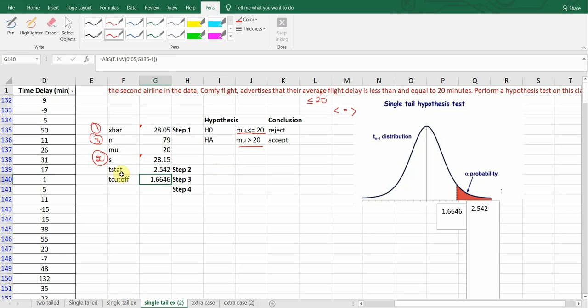After calculation of t-stat, you need to calculate your t cutoff value. T cutoff value is absolute of t dot inv 0.05, because here you can see the rejection region is, since we have used less than or equal to, the mouth is opening towards the right hand side.